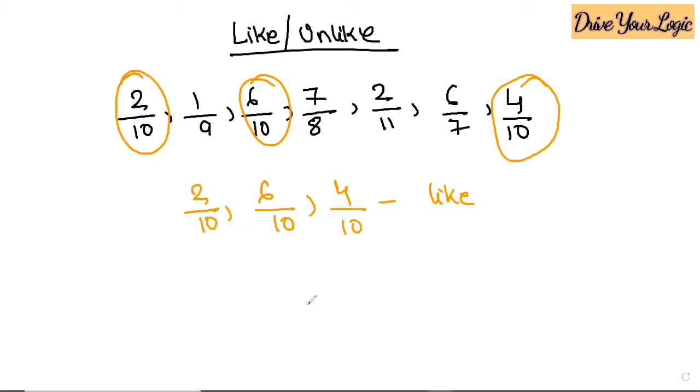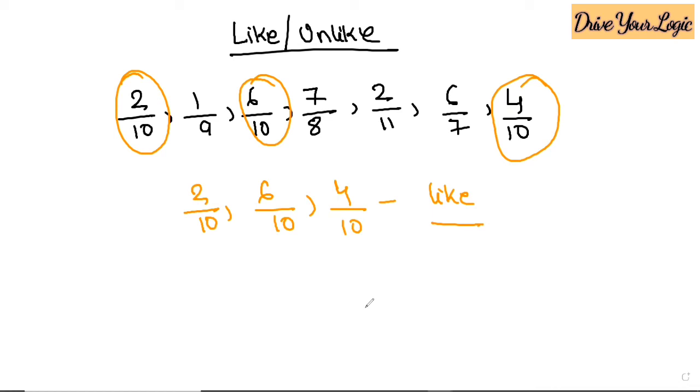Clear? So like and unlike is very much important. Because why do you need this? When you are doing fraction addition, subtraction, and ascending, descending order also, at that time all the fractions you have to make into like fractions. Then only you can do the addition, subtraction, and find descending, ascending order. So you need to understand the concept of like fractions.